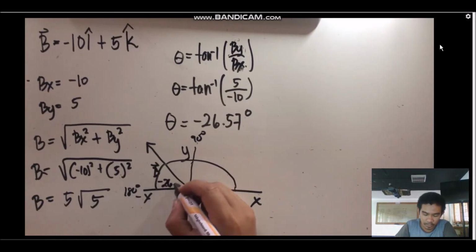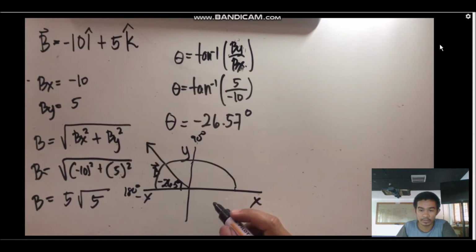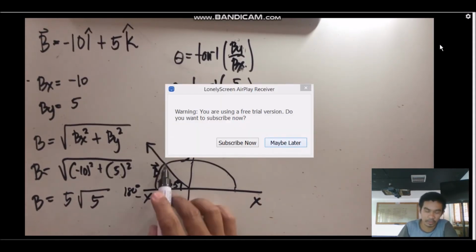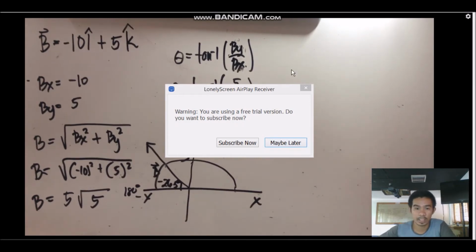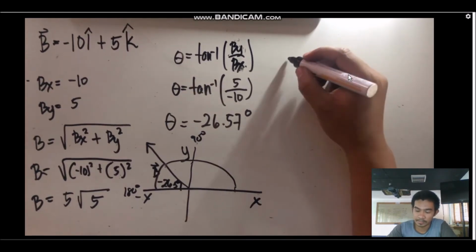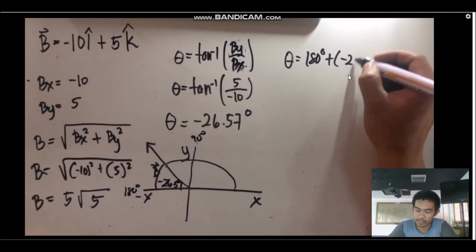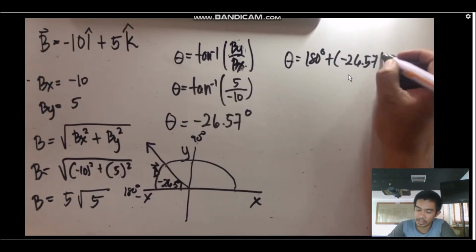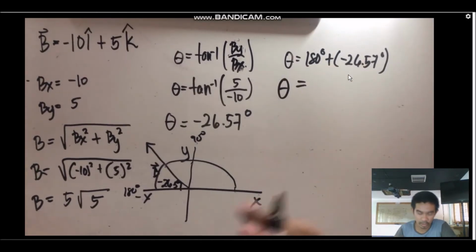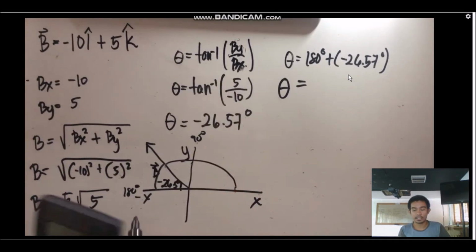To get the angle measured from the positive x-axis to vector B in the counterclockwise direction, we add 180. So theta is 180 plus negative 26.57 degrees, because the angle must be less than 180 but greater than 90 degrees.